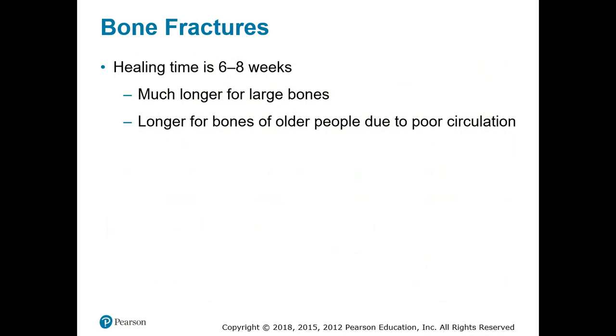The other reason for this is because when you're older, you tend to have not as good of a circulation, which means your blood's not pumping through your body as well as it did when you were younger. And blood is what's important at bringing those nutrients to the bone to make sure that it's healing. So we see a delayed or longer time for older people to recover.